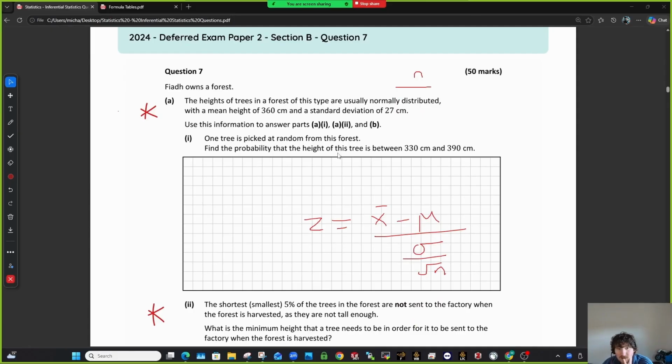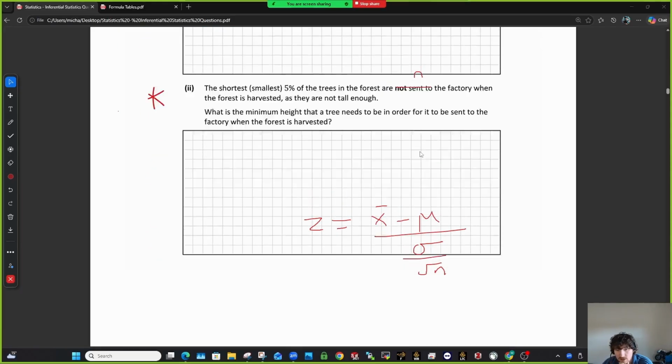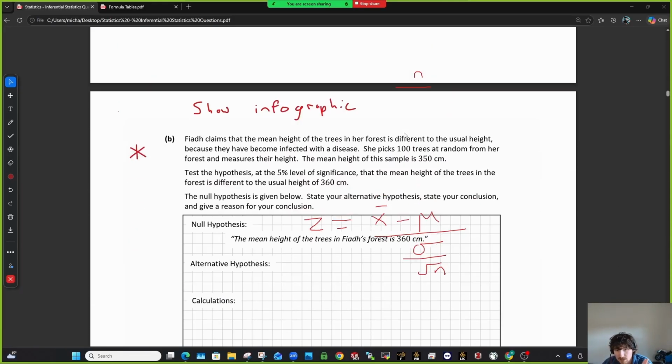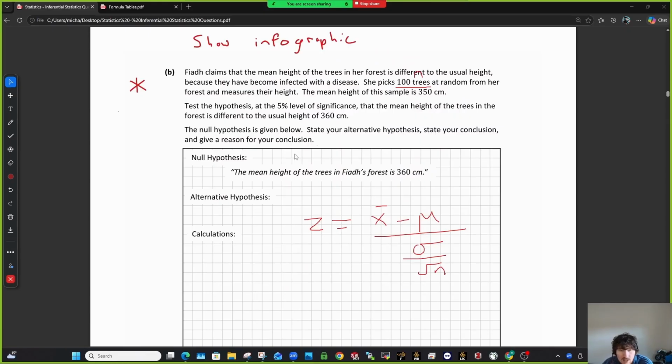You might remember this up here, where we were comparing a specific tree height of 390 and 380. We weren't talking about them as if they were means of a sample. So we need to be able to not just rely on reading the question and thinking, oh, there's an n in this question, so we need to use this z-score formula. So I have a little bit of an infographic for this, so let me get that up first before I do this question.